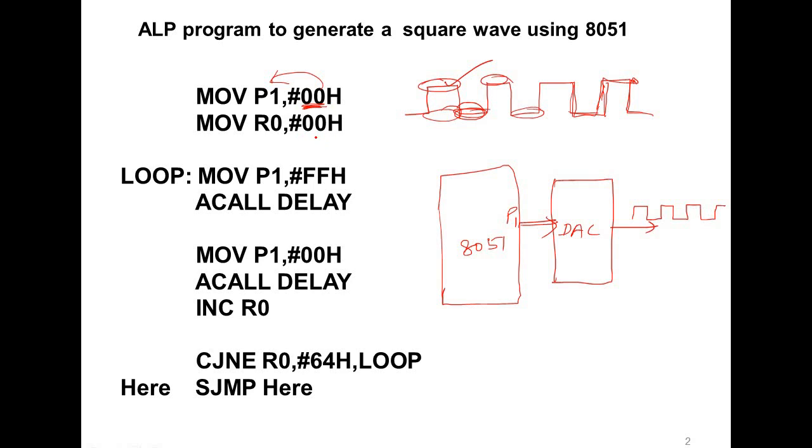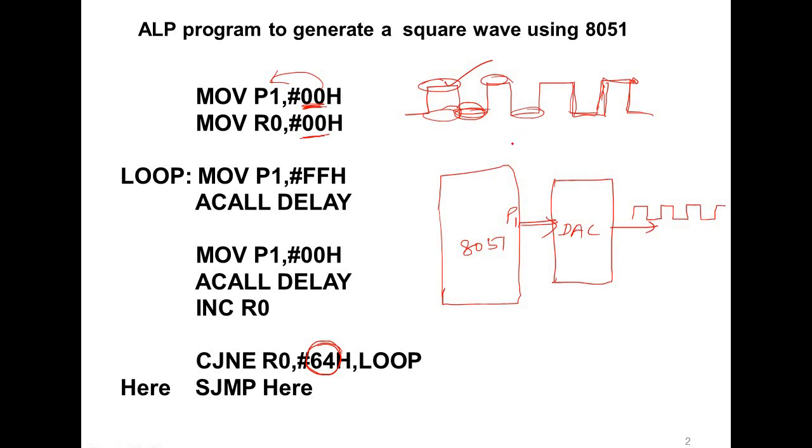Next, we need a count. We could make it an indefinite, continuous waveform by putting it in an indefinite loop. But here in the program I am going to create 100 pulses. 64 hexadecimal is actually 100.